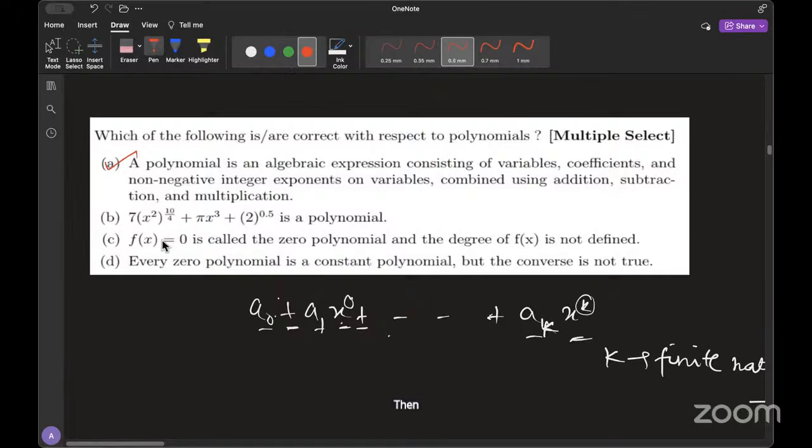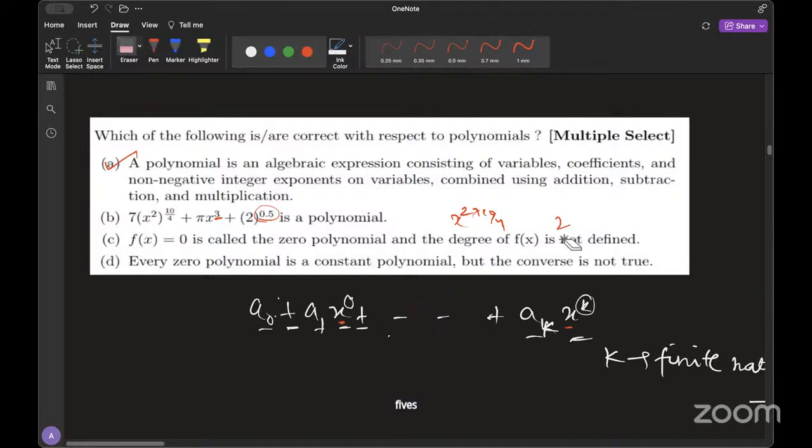Then coming to the second one, they're asking if this is a polynomial. So this is already a natural number. That's fine. This one does not matter because it's not the exponent of x. In simple words, exponents of coefficients don't matter. Only exponents of these variables matter, right? And then here you will have x to the power 10 by 4, which is just 5.